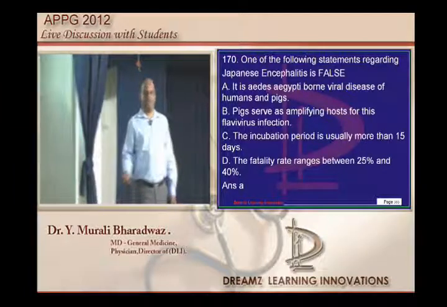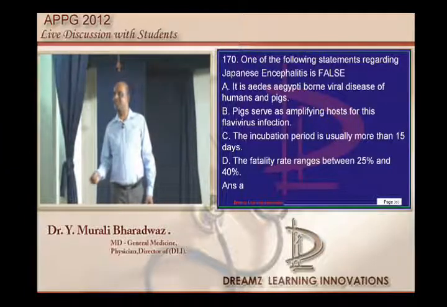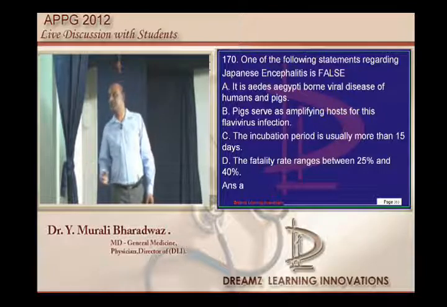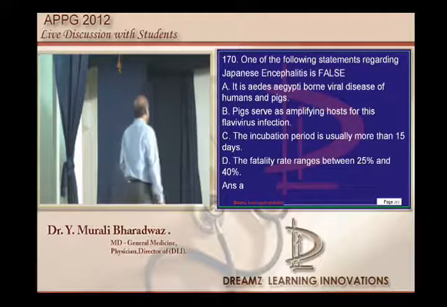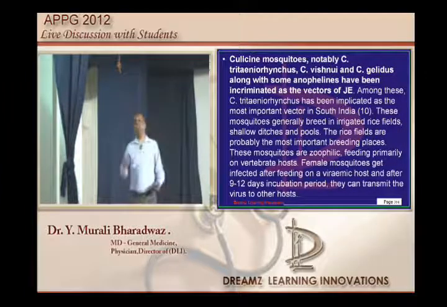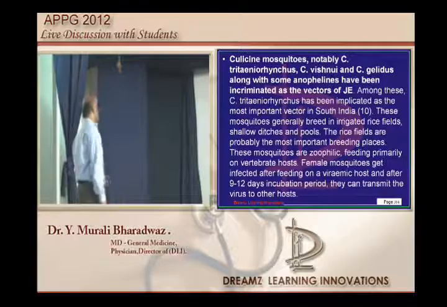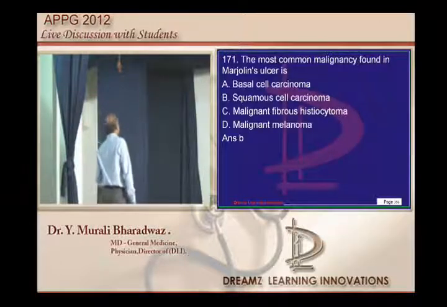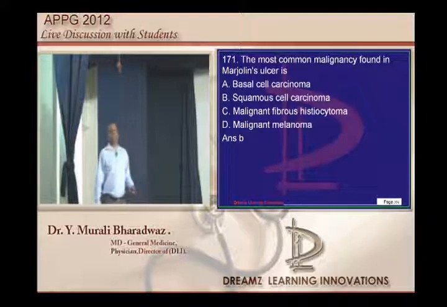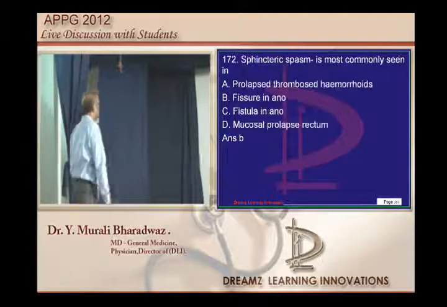Malaria is caused by filaria or not, or by Anopheles. I mean Culex or Anopheles, that kind of a question. So you know Culex vishnui is the vector of Japanese encephalitis, not the dengue virus organisms. Now Marjolin's ulcer is squamous cell carcinoma, one of the oldest questions.